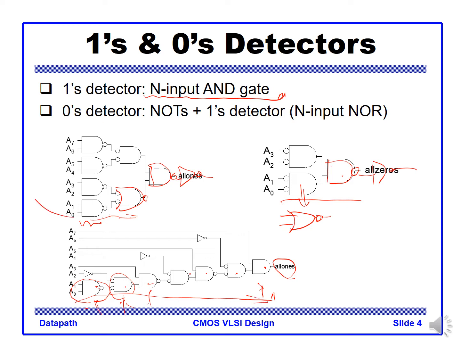If we make it a parallel comparison, then we can have only 3 stages of logic, or 4 stages if you include the inverter. So this kind of tree implementation is more efficient; sequential logic computation is not preferred for fast operation.